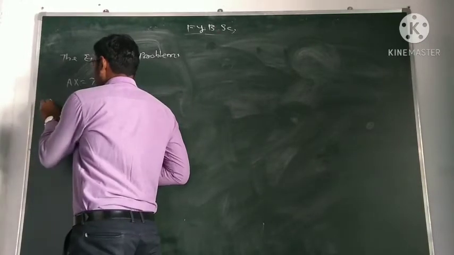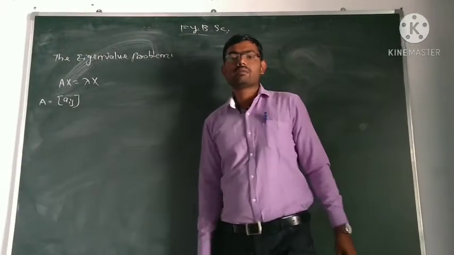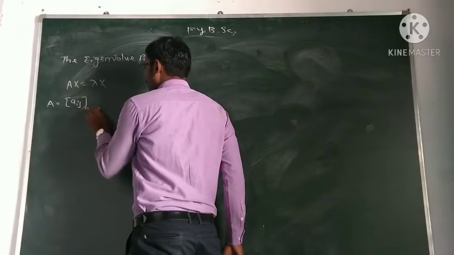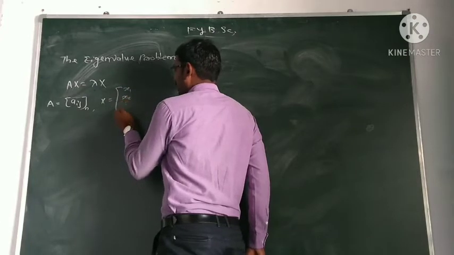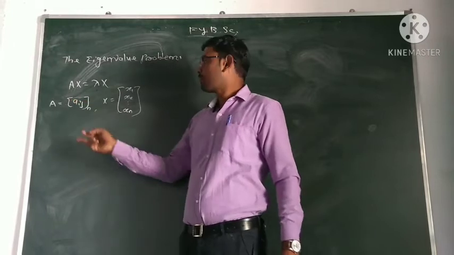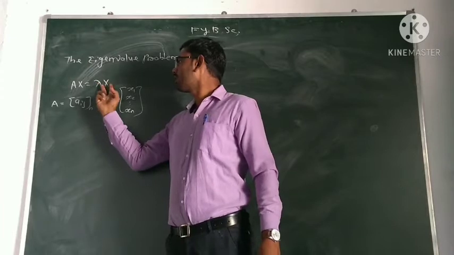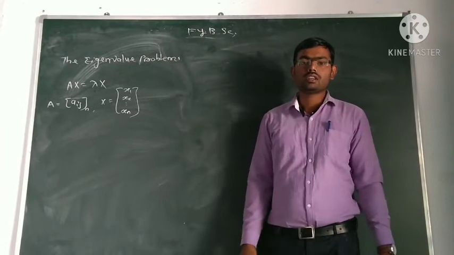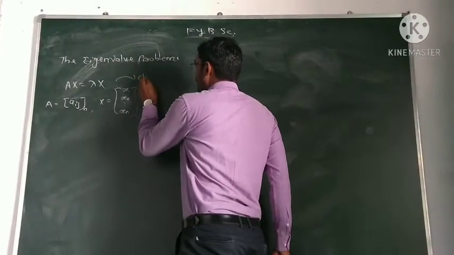Suppose A = (aij) is our n by n matrix, and x is the column vector x1, x2 up to xn. When this matrix is applied on this column vector, we get a new vector lambda times x. This equation is called the characteristic equation of the matrix.